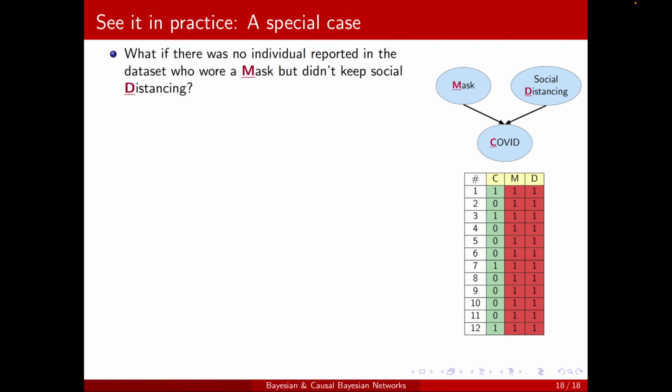What if in the data set, those individuals who wore a mask, M equal to 1, all kept social distancing as well? So imagine that in my data set, I don't have any instance with M equal to 1 and D equal to 0. Okay, so all these terms are 0.